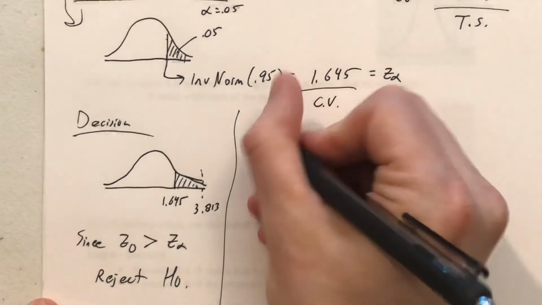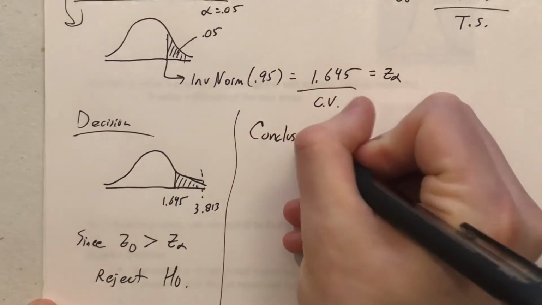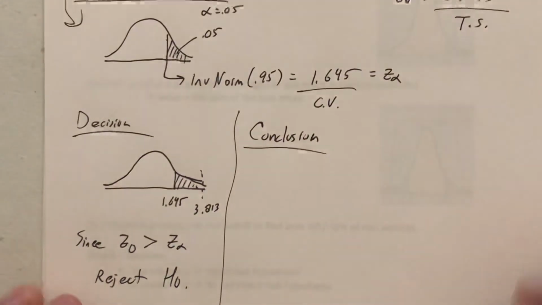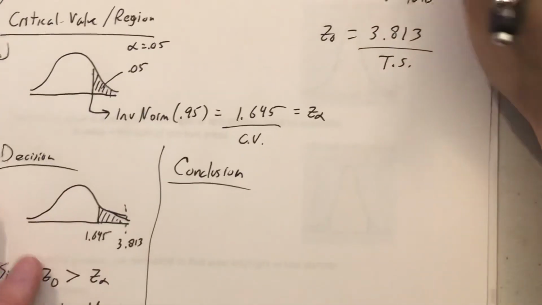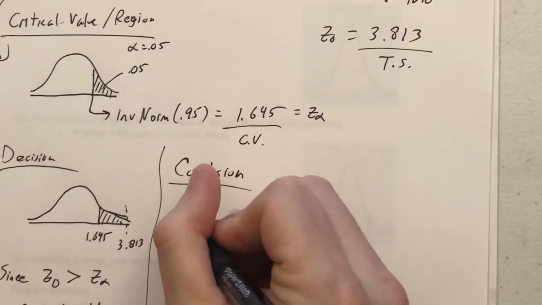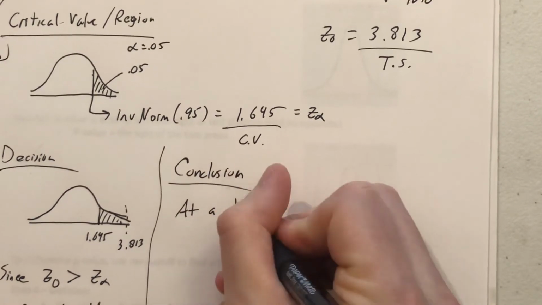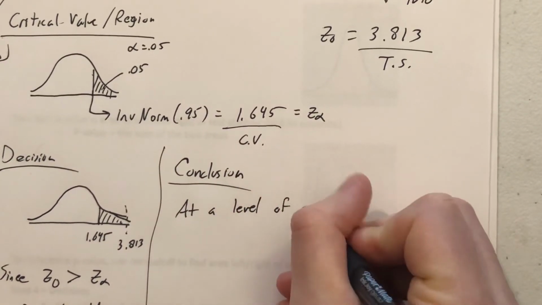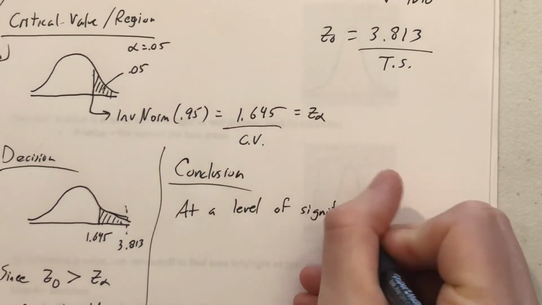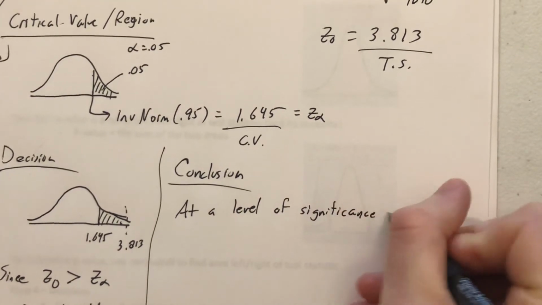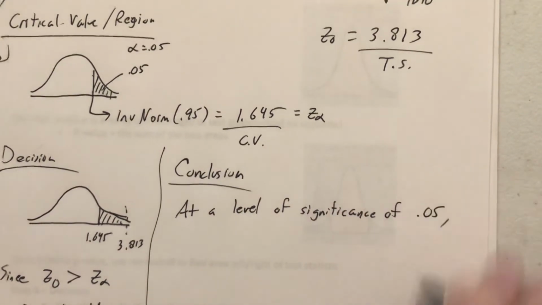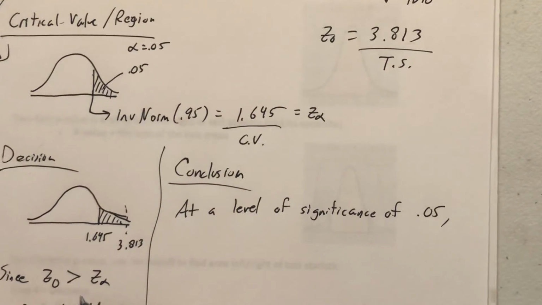And then from there, we simply need to write our conclusion, which is the nice long sentence that puts us back into words. We said we always start with the level of significance. So at a level of significance of 0.05, we are saying that we can reject the null.